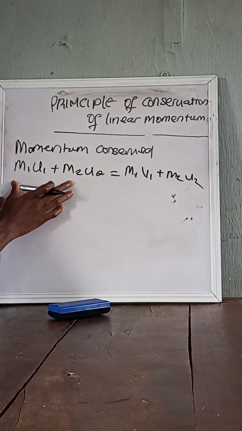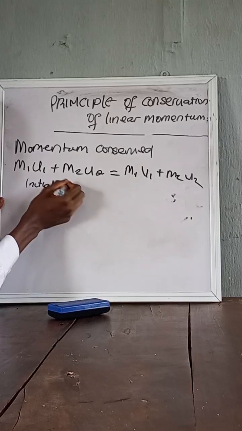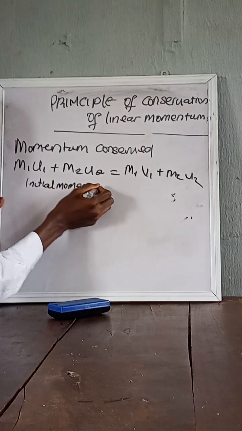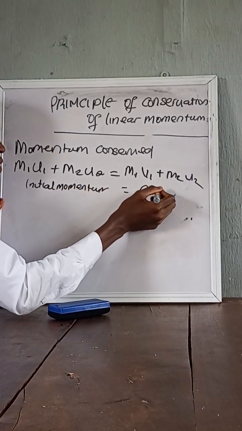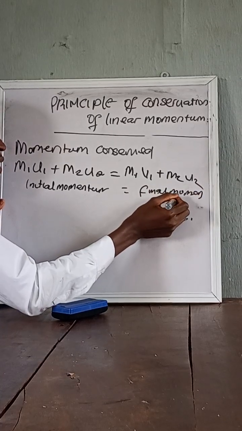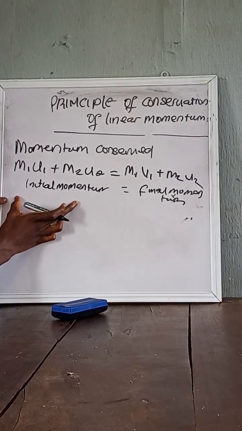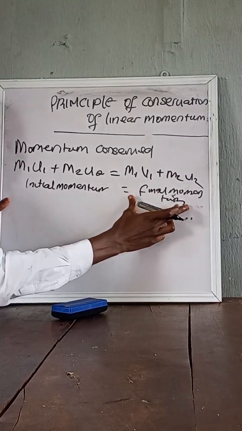So this is the initial momentum of the two bodies, and this is the final momentum. They have the initial momentum before they collide, and immediately after they collide, they have this.